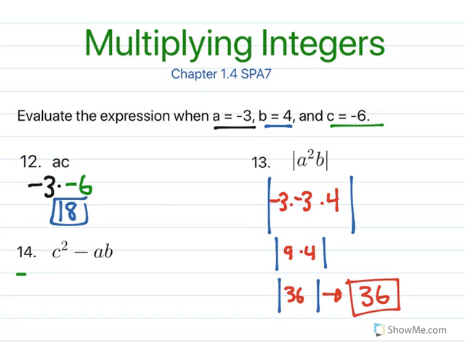So it's really negative 6 times negative 6 minus a, which is negative 3, times b, which is 4. So negative 6 times negative 6 is 36 minus negative 3 times 4, which is negative 12.